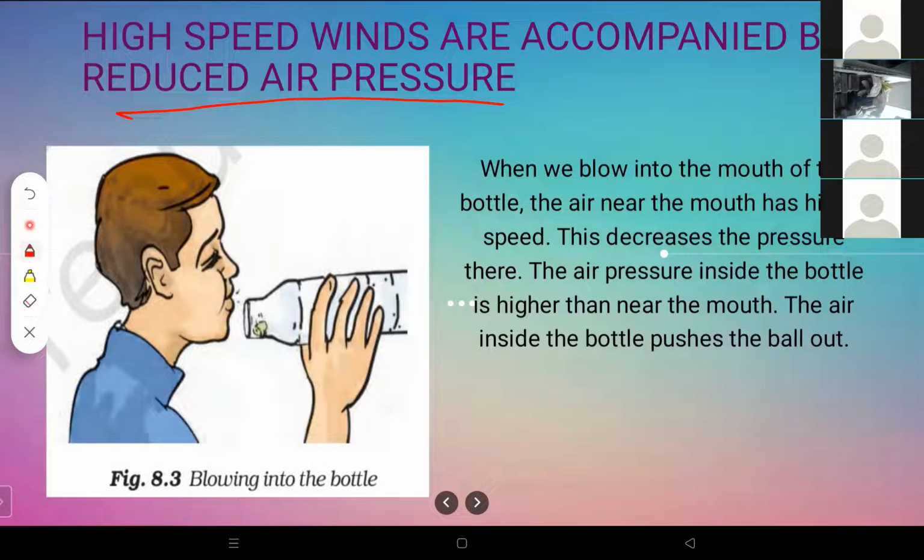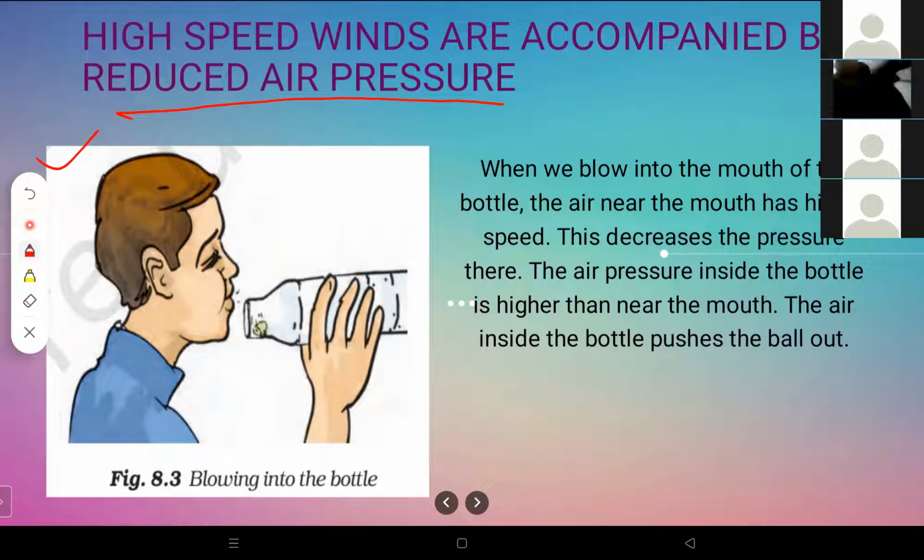First experiment is: crumple a small piece of paper into a ball of size smaller than the mouth of an empty bottle. Are you understanding? Crumple a small piece of paper into a ball of size smaller than the mouth of an empty bottle.